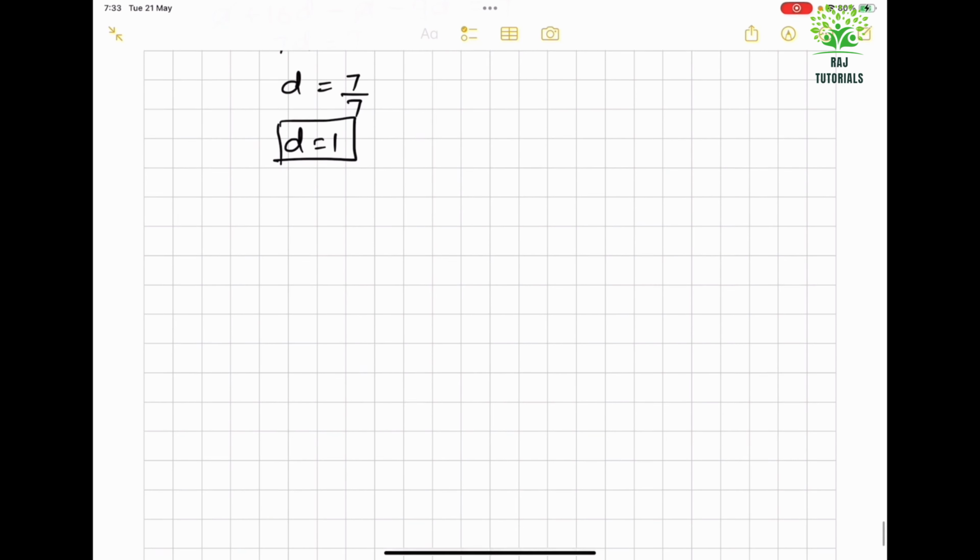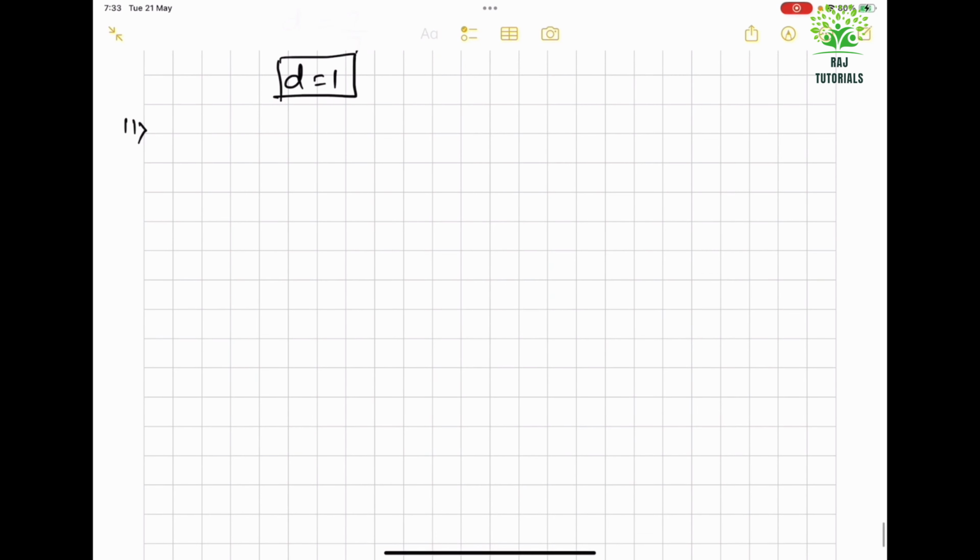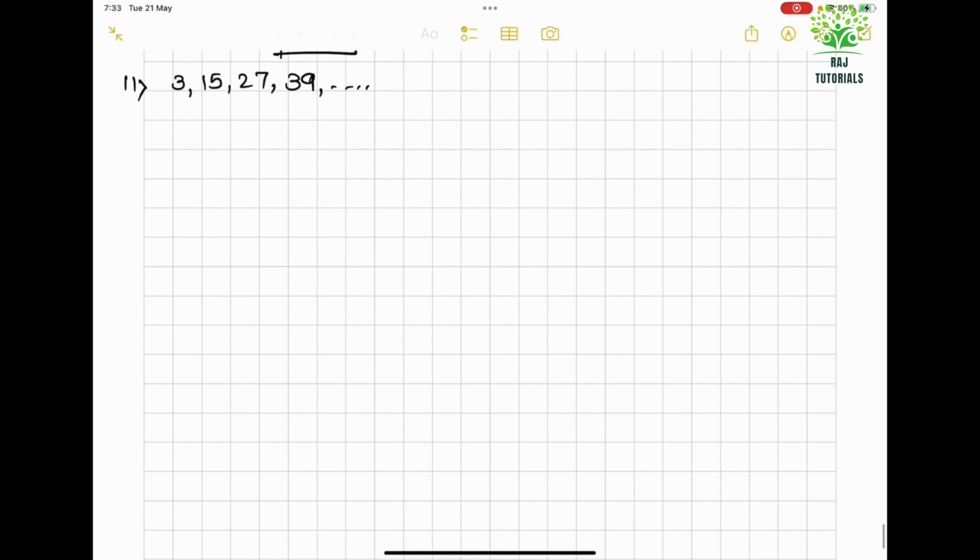Now 11th sum is, he has given us which term of the AP, 3, 15, 27, 39 will be 132 more than 54th term. So I need to find 132 more than 54th term. So A54. So here see, I can say a is 3, d is 15 minus 3, that is 12.